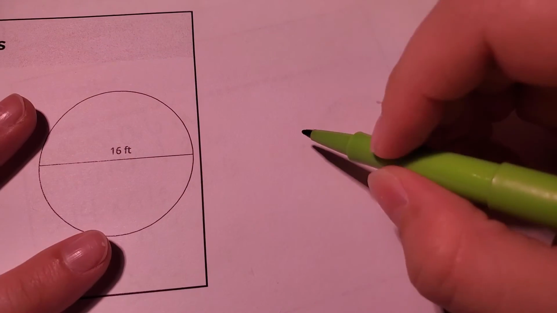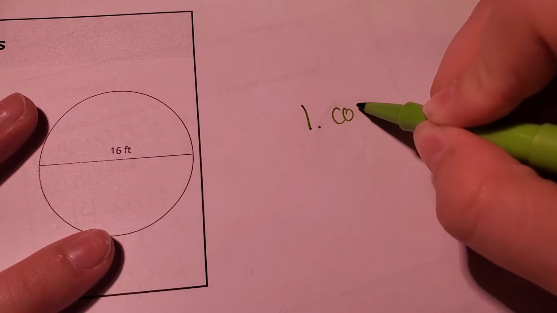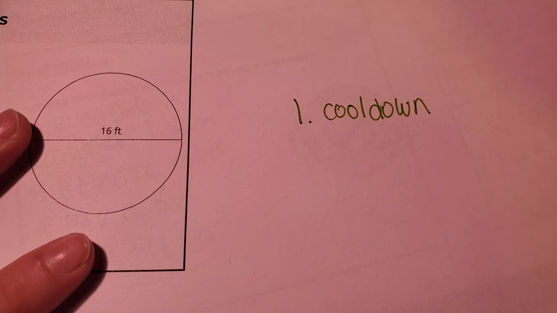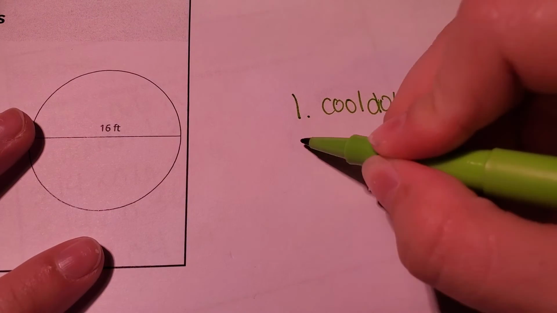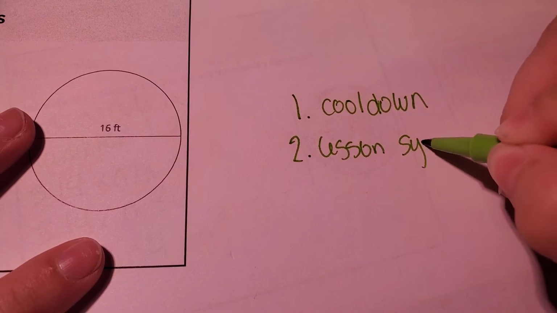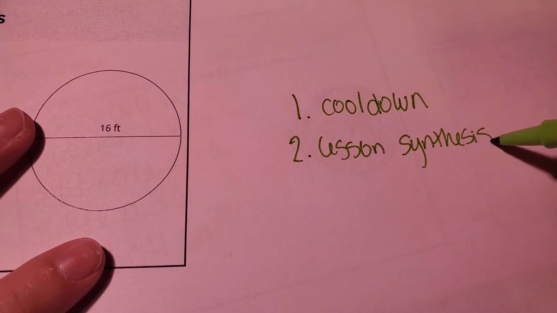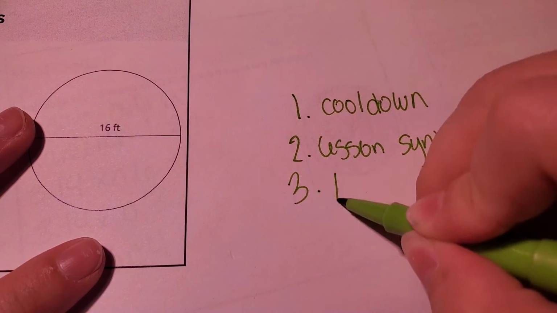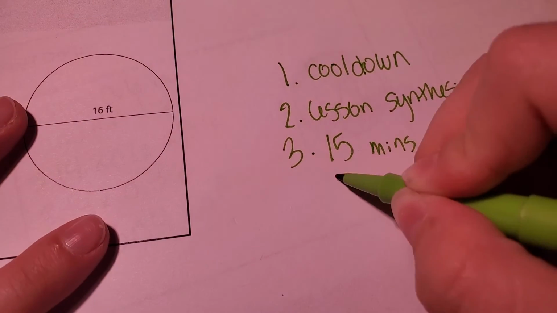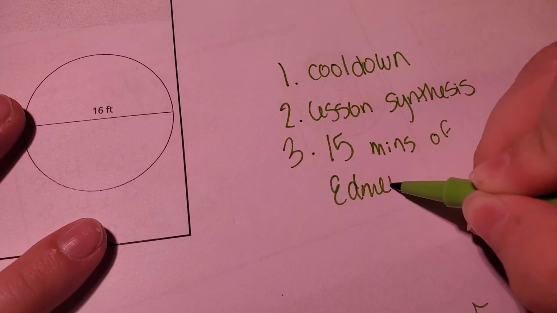Okay, now we can do what I was planning on doing. First, after you get your lesson synthesis from the lovely teacher in my room, you do your cool down. Then you need to do your lesson synthesis. After your lesson synthesis, 15 minutes of Edmentum. Please do Edmentum.